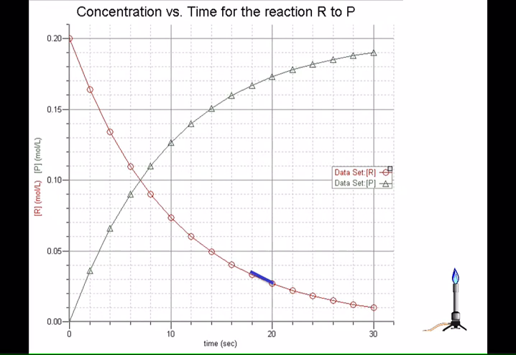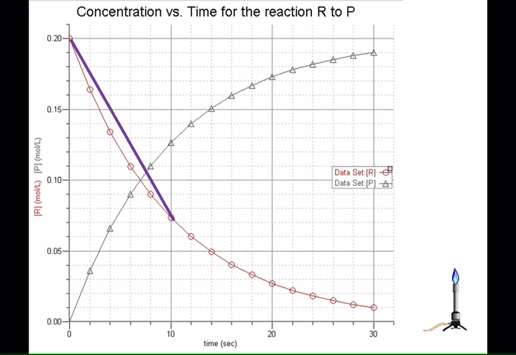Is it getting greater or less? Less. The slope is decreasing, exactly. So the rate is decreasing. That's all it is. We could take a quick look from 0 to 10 seconds. That would be the slope of our line.